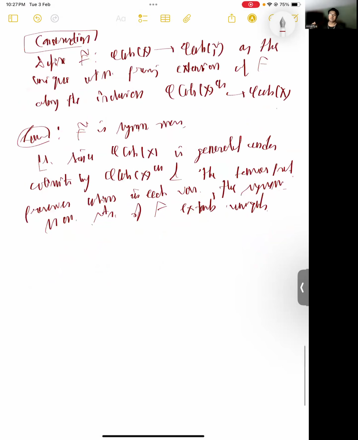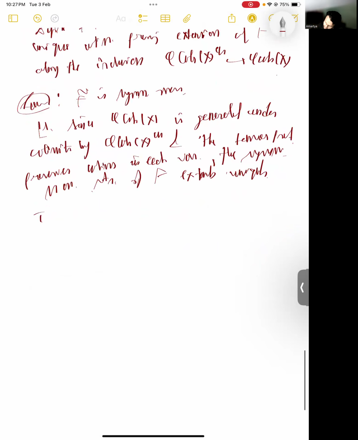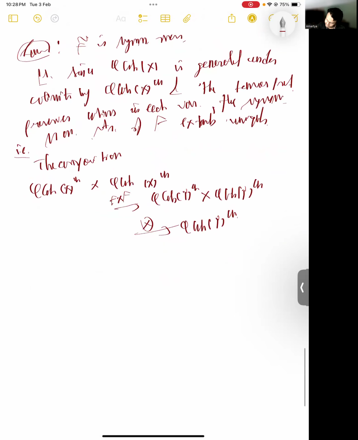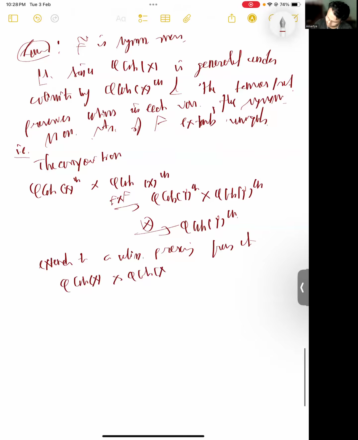So a bit more formally, the composition with the tensor extends to a colimit preserving functor, which factors through F tilde tensor F tilde, and F tilde.